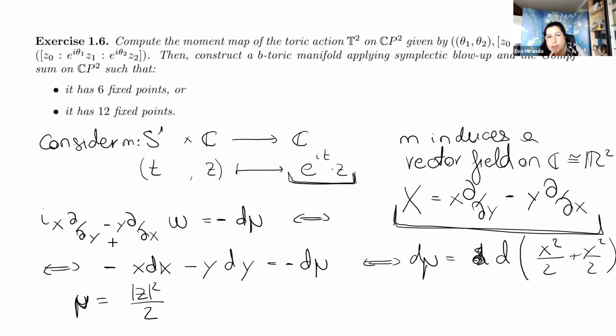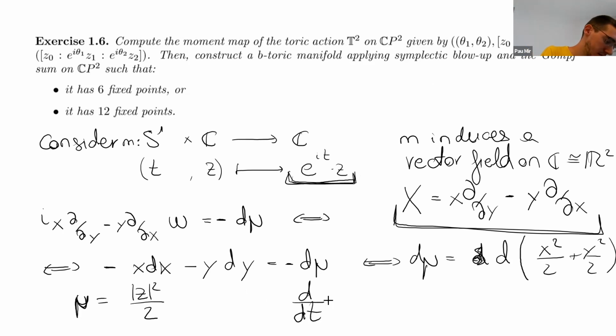So if you take the exponential, Pau, and you do the derivative with respect to t, and you put z instead of (x, y), then when you evaluate at t equal to 0, you are going to get the actual coefficients. Because, let's see. You mean that you take... Exactly.